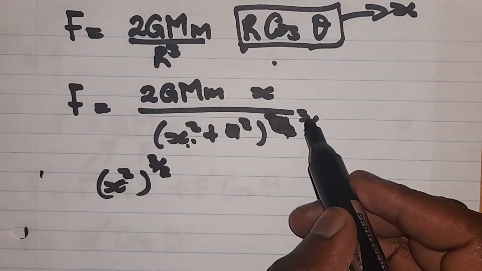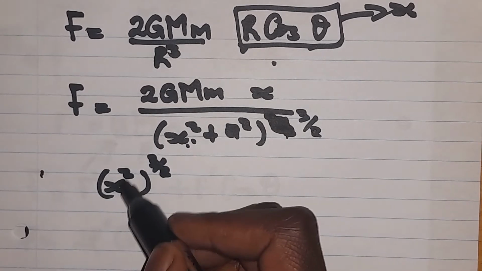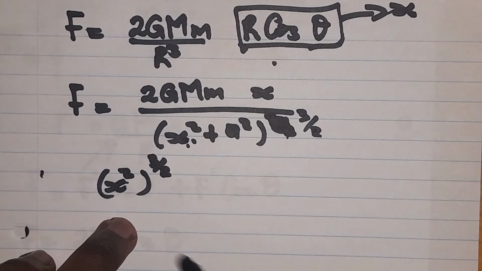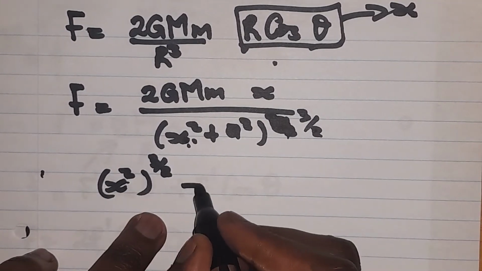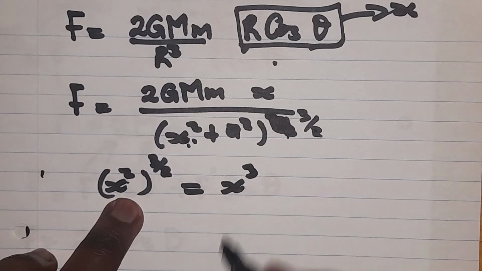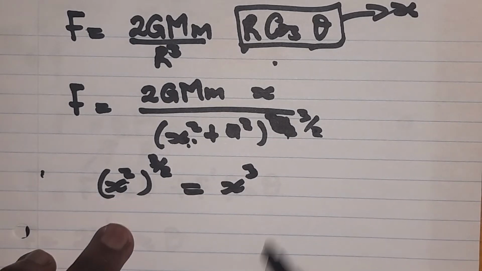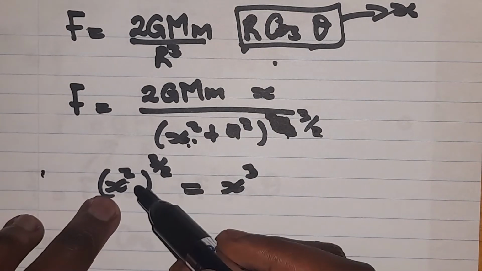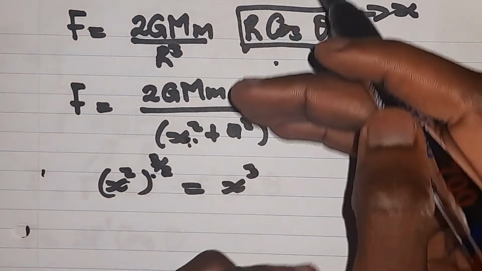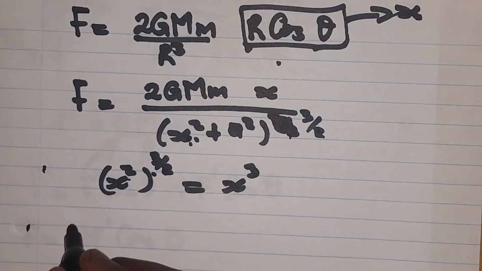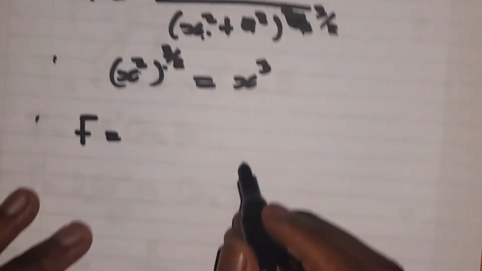Since 3 over 2 is equal to this 3 over 2, this x squared can simply cancel out with this x squared. But using simple maths, this quantity is also equal to x cubed, right? If we divide the numerator by x cubed and divide the denominator by this much, we are just multiplying the entire formula by 1.